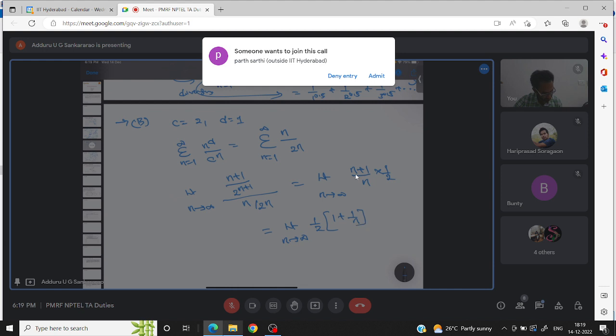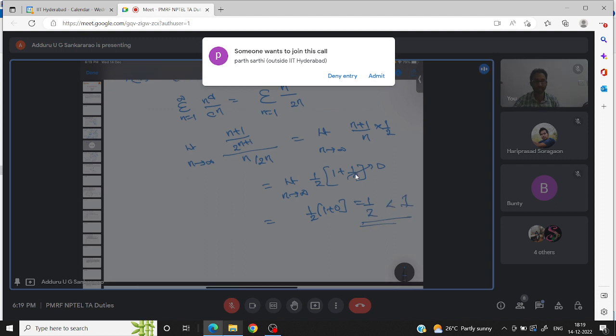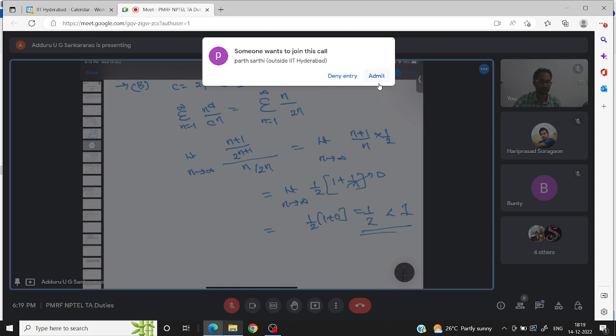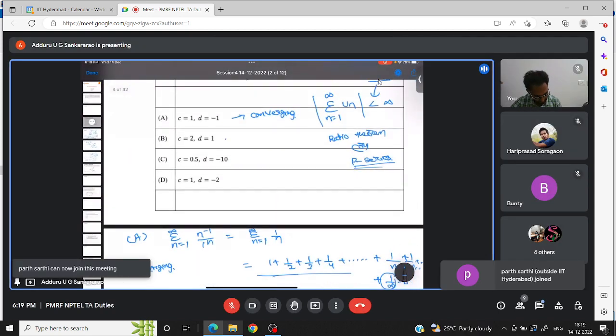As n tends to infinity, 1 by n tends to 0, that is 1 by 2 into 1 plus 0. So it is 1 by 2, which is less than 1. So it is converging. So the second one is also converging.